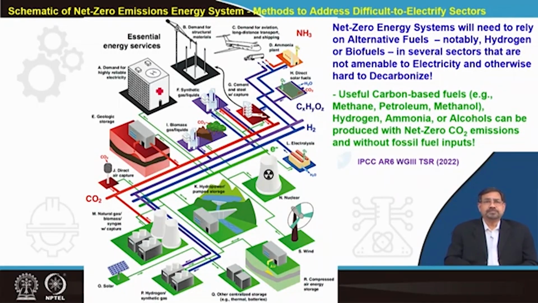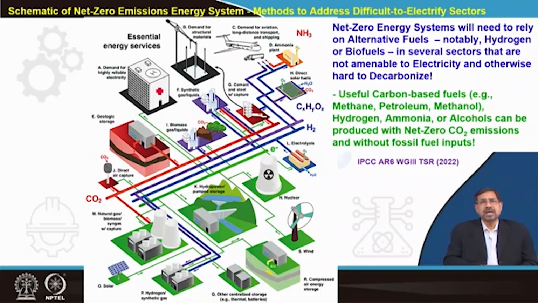Have a look at the interwoven and interlinked system where we are talking about various essential energy services, and towards the lower side we have all the green energy, and we have places where the red is. You can see the geological storage and all these options in terms of carbon, and also ammonia, methane and all other different energy services sectors have been mentioned.